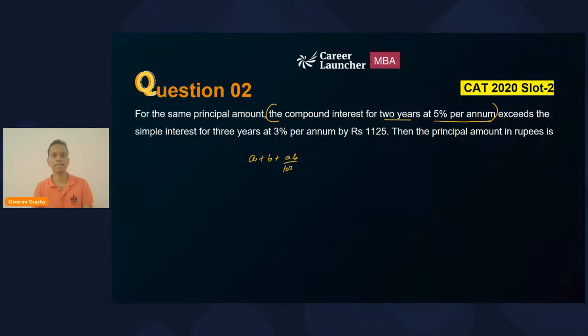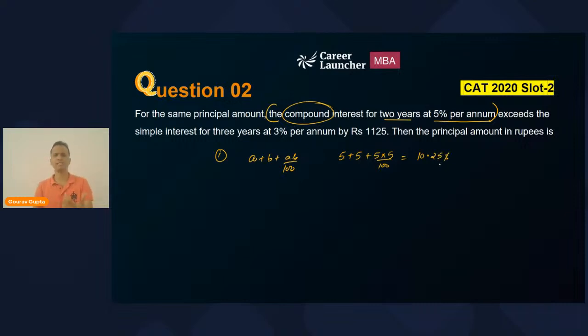So I'm calculating in the first case, what will be the net percentage increase in my money? First year it increased by 5% and second year it also increased by 5%, and it is happening successively because I have compound interest. So net increase will be 5 plus 5 plus 5 multiply 5 upon 100, and it comes out to be 10.25 percentage.